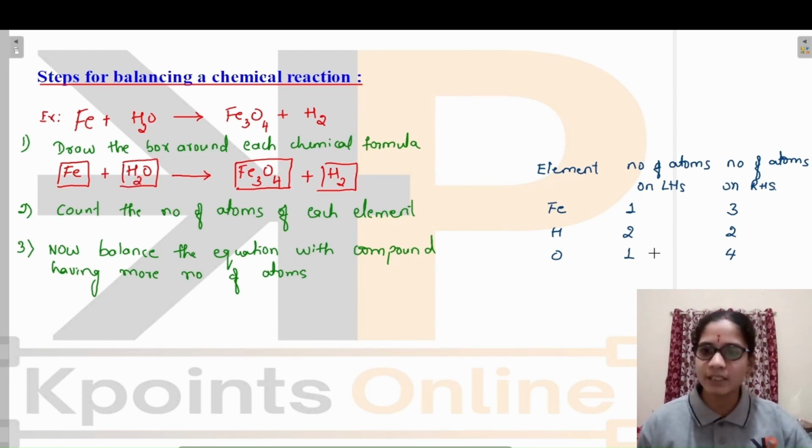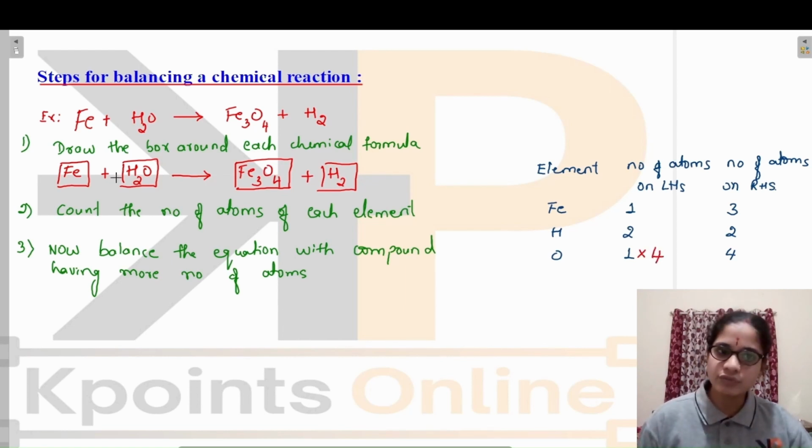Once I add coefficient 4 here, it belongs to both the elements, as it is a single compound and one whole molecule. So once I add the coefficient, the number of hydrogen atoms is also affected, and the number of oxygen atoms is also affected. So keep that in mind.